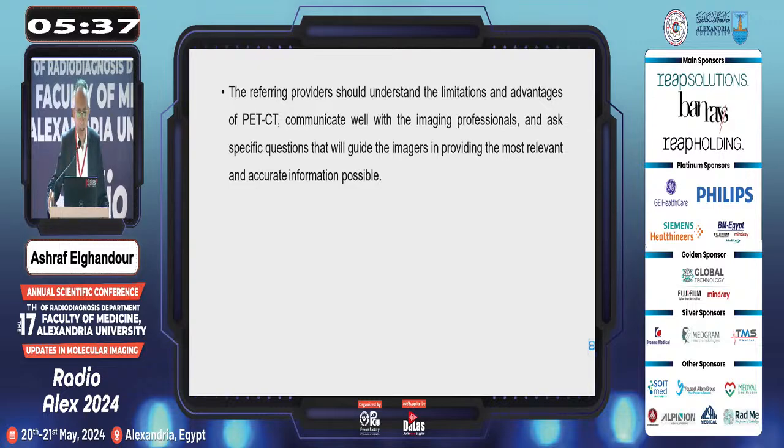We, as referring providers, should understand the limitations and advantages of PET-CT, which is very important for us. Communicate well with the imaging professionals, as we do now, and ask specific questions that will guide the imagers in providing the most relevant and accurate information possible. So, from here, I'm asking to incorporate a checklist before reading any PET-CT, please.